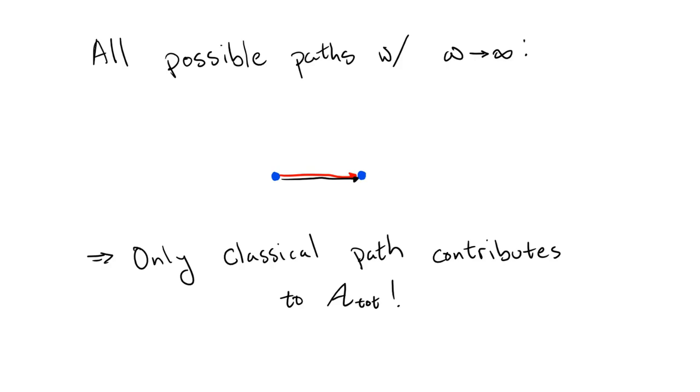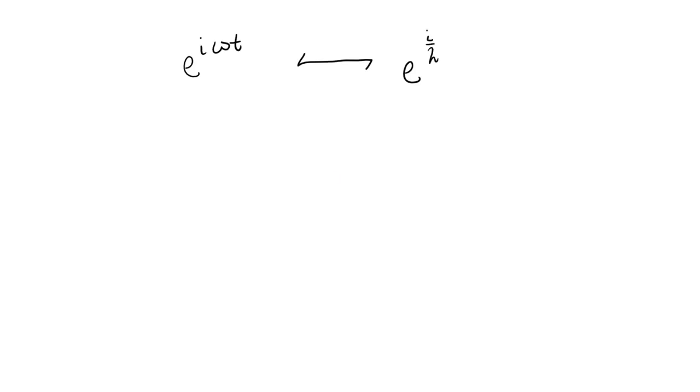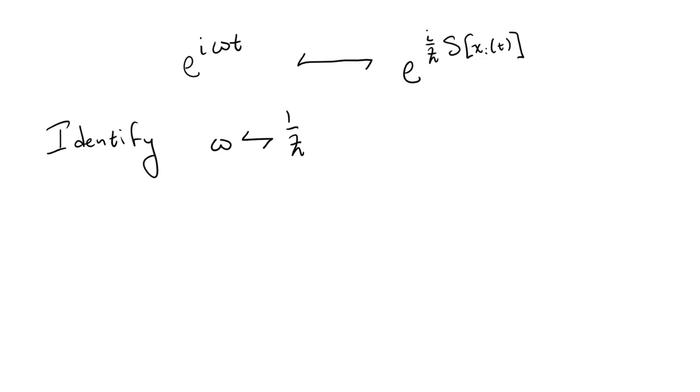Now, if we recall that this frequency corresponded to 1 over h bar in the definition of our path integral, we see something amazing. H bar is the fundamental constant of quantum mechanics. In essence, it tells us at what scales quantum mechanics should become important, similar to how the speed of light tells us what velocities special relativity becomes important at.